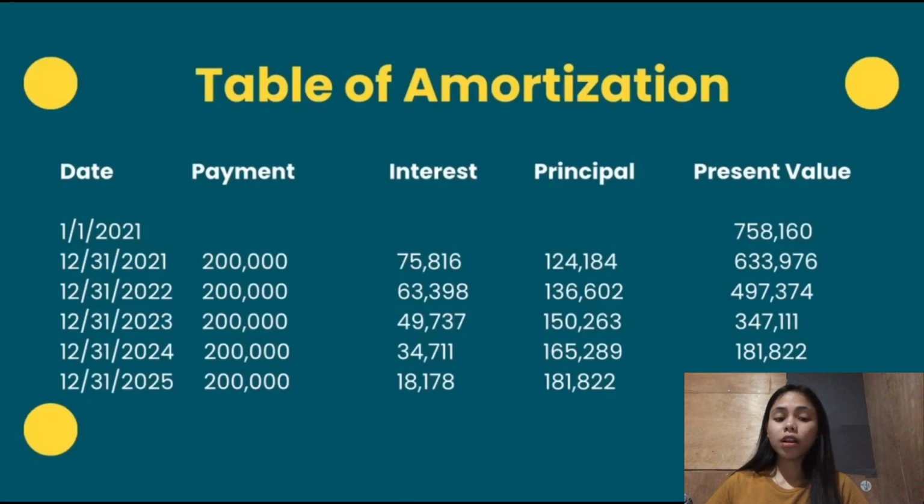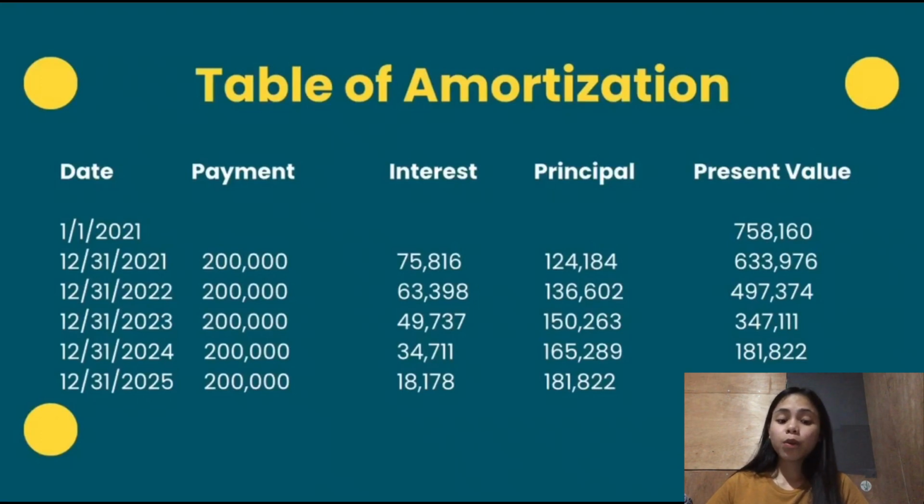And our principal column is the portion of the payment after deducting interest, representing principal. Thus, on December 31, 2021, 200,000 minus the interest of 75,816 equals 124,184.